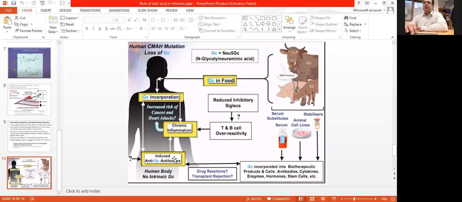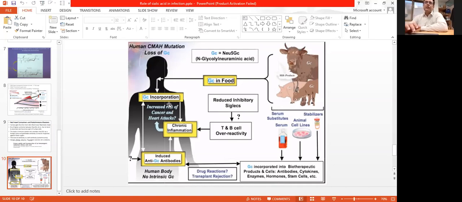What would happen? Antibody response against these would be generated. Anti-GC antibodies would be generated in your body, and this would also invite the T and B cells, or they would also overreact because these cells have to undergo scrutiny of which molecule is self and which is non-self.